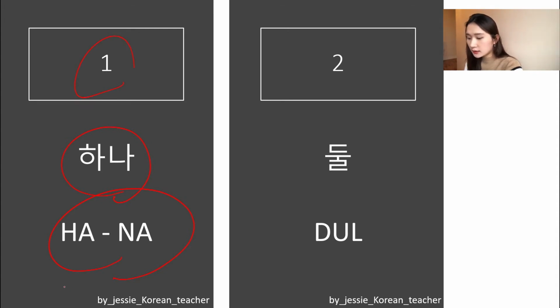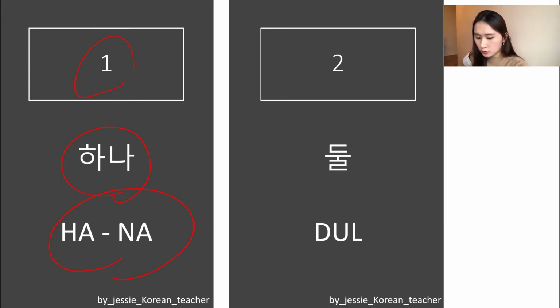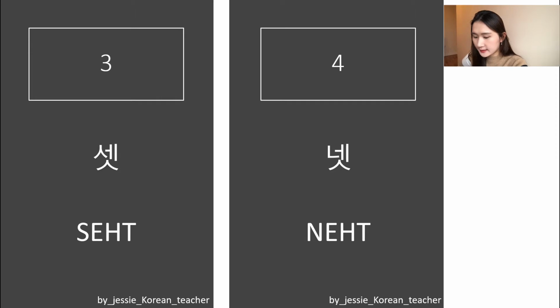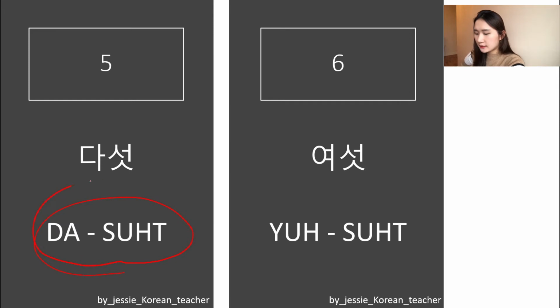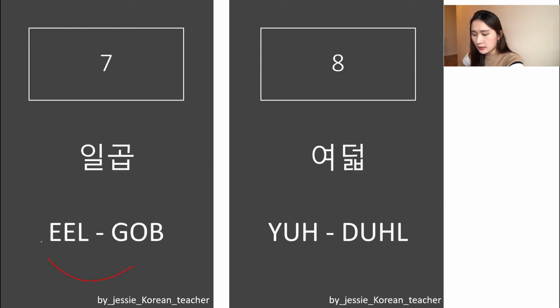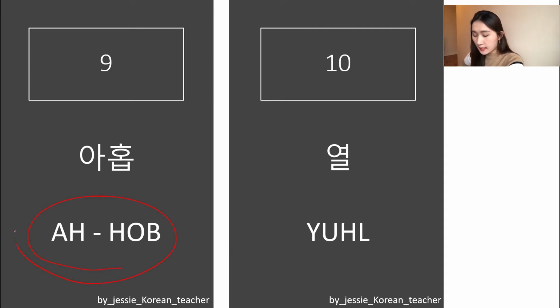First one, number 1, 하나. 둘. 셋. 넷. 다섯. 여섯. 일곱. 여덟. 아홉. 열.